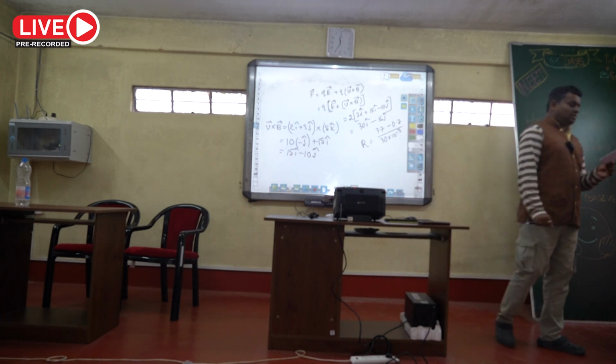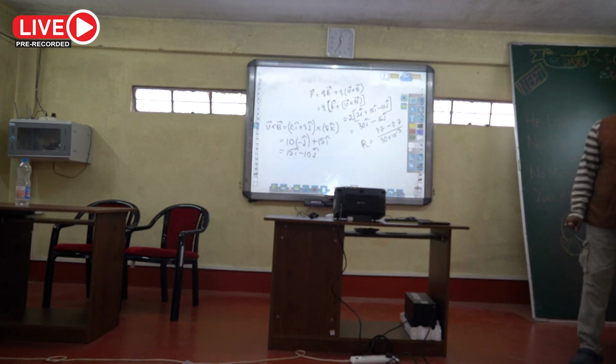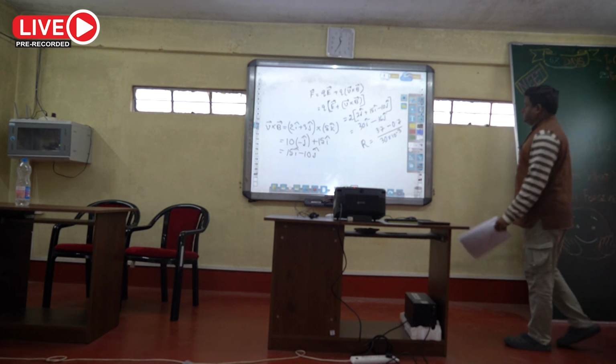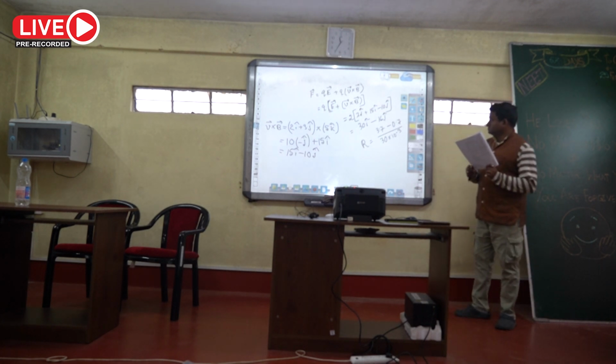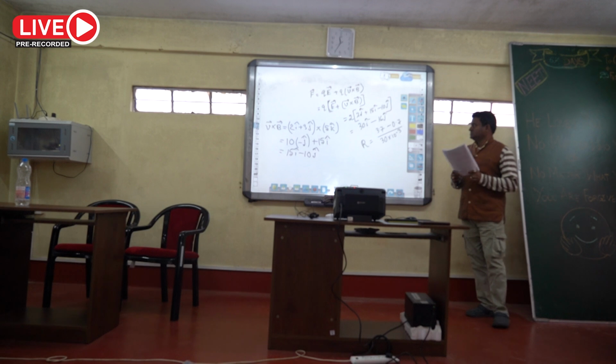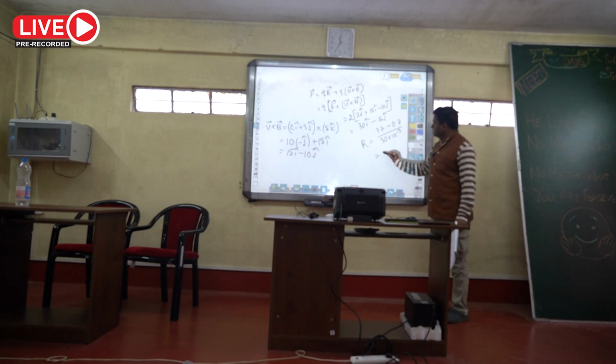Calculate. So it will be 3 by 30 into 10 to the power 3. So it is 0.1 kilo ohm.